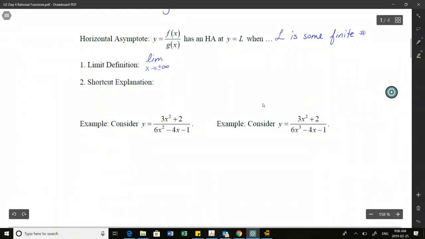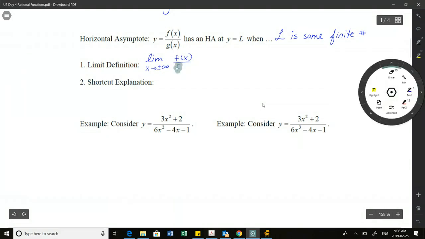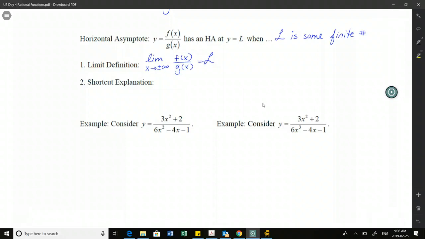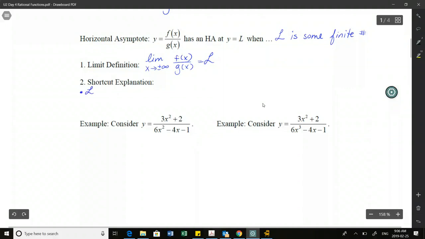So we can try both of those things for our function, and we are going to get some number L. I can't give you an exact value for this, but I can tell you in plain English that L is the ratio of the coefficient of the highest degree of the numerator over the same highest degree of the denominator. Again, I'll explain when we do an actual example, but it's the ratio of the coefficients of the x's with the highest exponents.